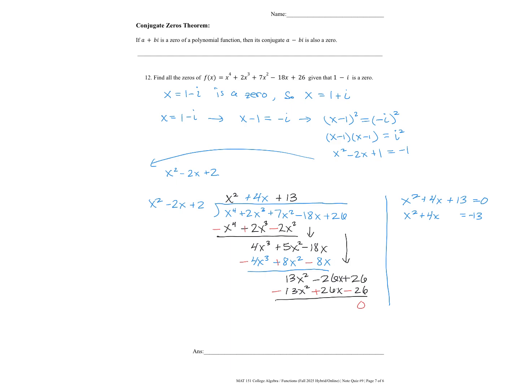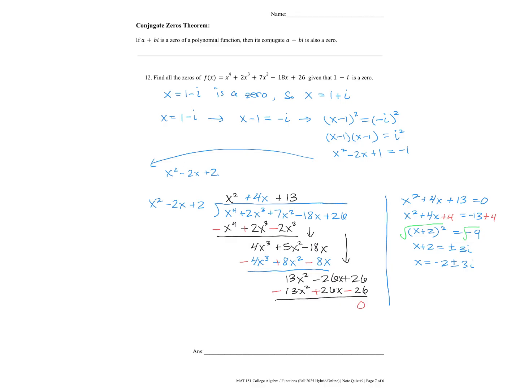Again, I'm going to add 4 to complete the square. Half of 4 is 2. 2 squared is 4. So I'm going to add 4 to both sides. And I get this time (x plus 2) squared is equal to negative 9. Just like before, square root. I get x plus 2 equals plus or minus 3i. So x is negative 2 plus or minus 3i.